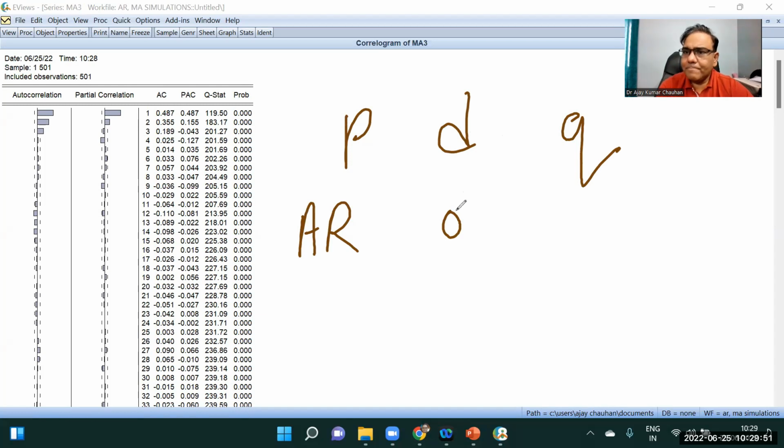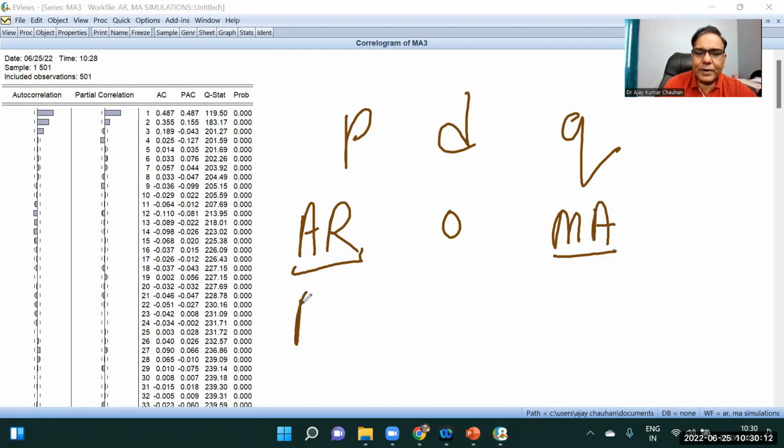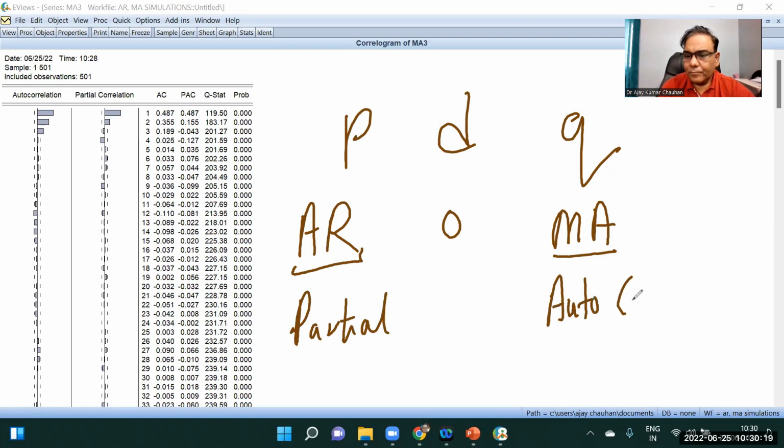If you are going for ARIMA forecasting, D must be 0, meaning the series must be stationary. How many AR terms you are going to include is P. How many MA terms you are going to include is Q. AR is decided by partial correlation and MA is decided by autocorrelation.